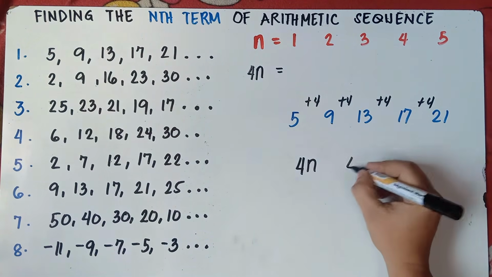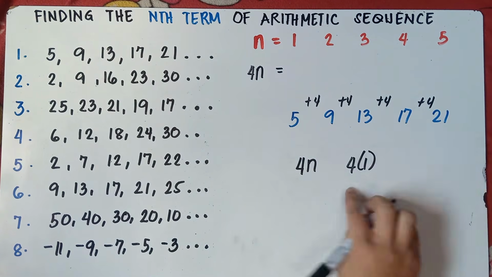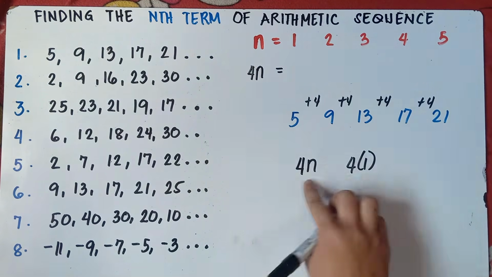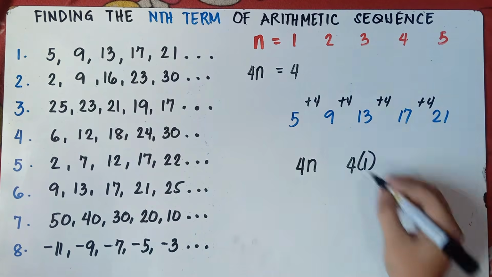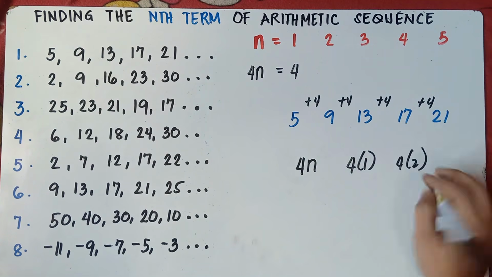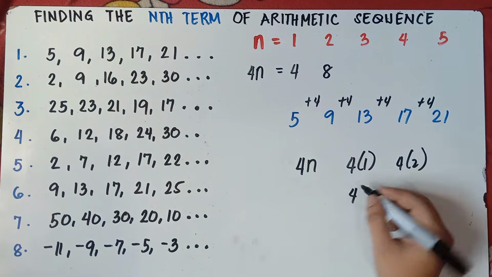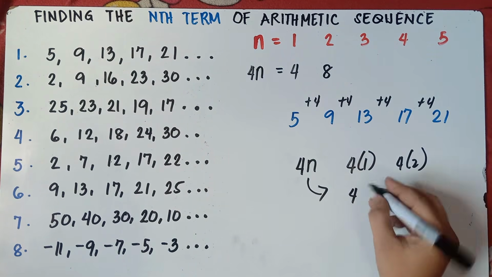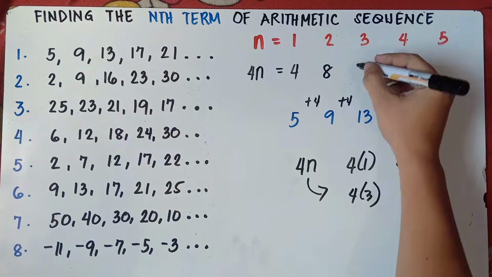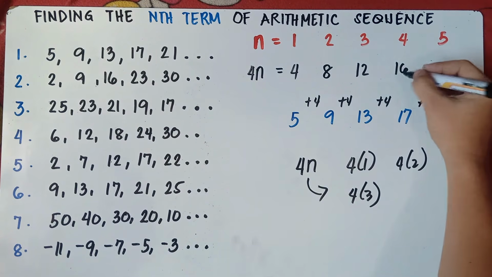So 4n, 4 times 1: if n is 1, 4 times 1 is 4. And if n is 2, 4 times 2 will be 8. If n is 3, substituting 3 for n, 4 times 3 will be 12. 4 times 4 will be 16.